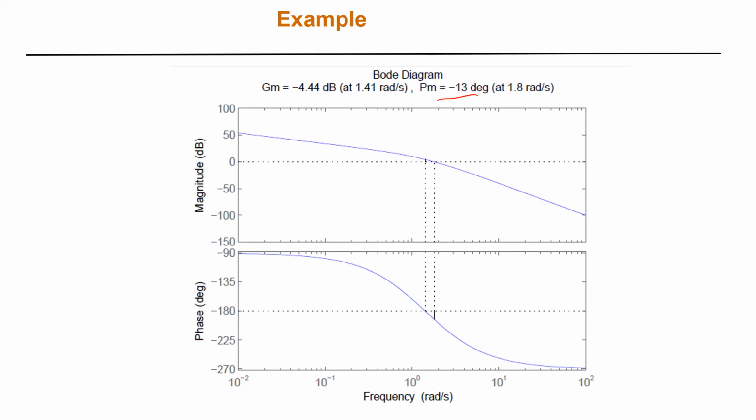Because look, now the phase margin is -13, and the required is about 50. So you have to add at least 60 or 65 degrees. In that case, even if you add it, you are almost in the instability region.